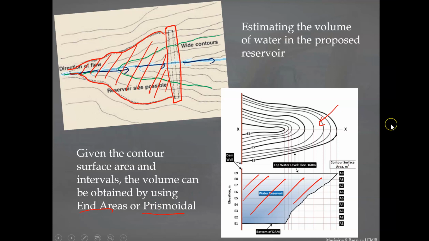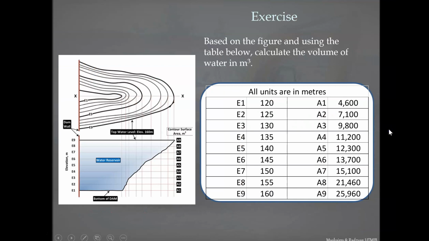I think I've got one example exercise that we can do together. Let's look at that figure using the example previously. If the contour levels are given there, and the area of each contour surface is given there, calculate the volume of water in cubic meters.